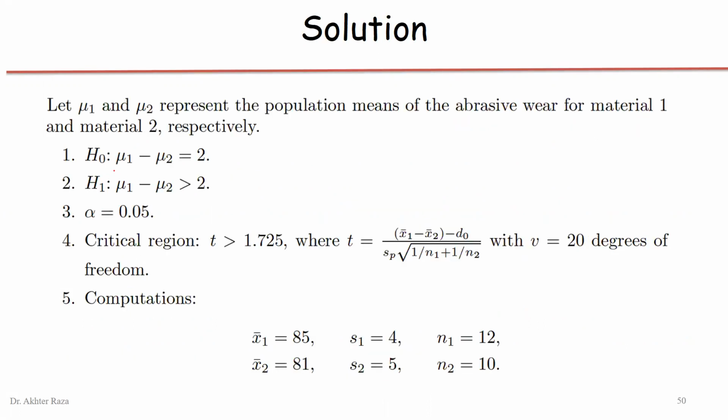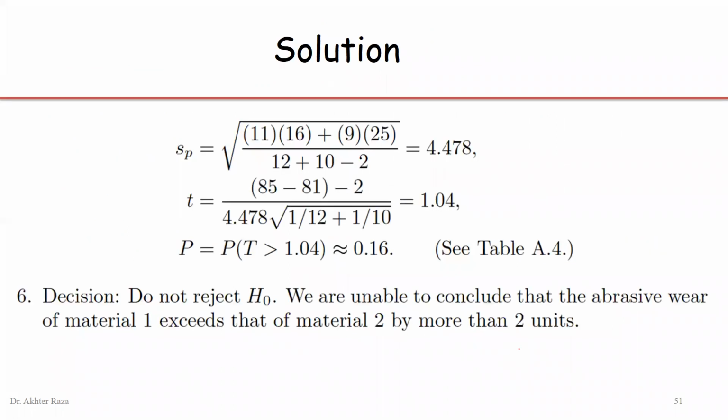The null hypothesis is mean 1 minus mean 2 equal to 2, the alternate is mean 1 minus mean 2 exceeds 2, with alpha given. The t statistic is computed. The t statistic value is 1.75 with 20 degrees of freedom. This was the pooled t-test. Computations are here. Sp is first computed, then the t score is computed.